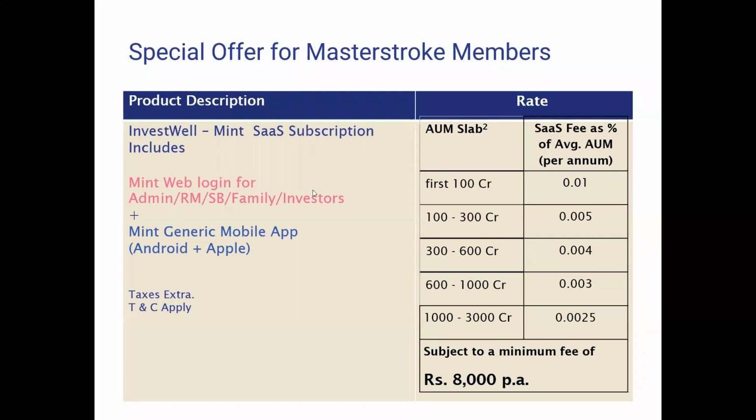Above that, it goes at 0.01. So if somebody has an AUM of 9 crores, that is 9,000 for them. If it is 10 crores, that is 10,000. But the minimum pricing has been reduced to 8,000 for people having AUM up to 8 crores. That's a very, very special price for the Master Stroke members.